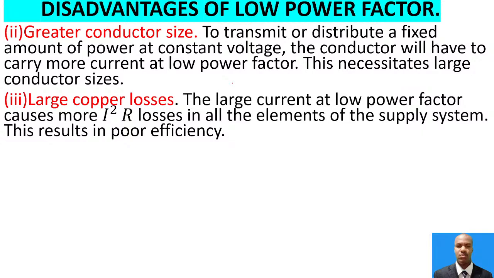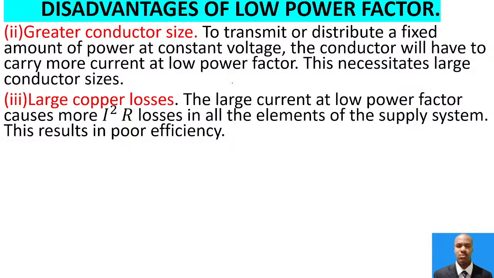Then the other disadvantage is also touching on the current. So we have large copper losses along the transmission and distribution lines, and the losses in the system are proportional to the square of the current.